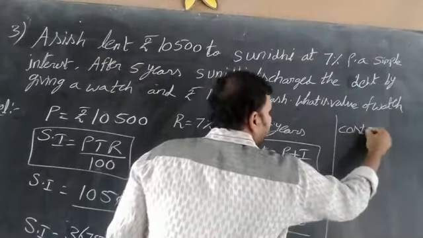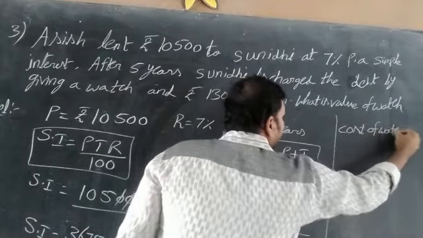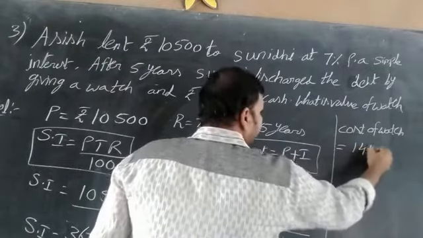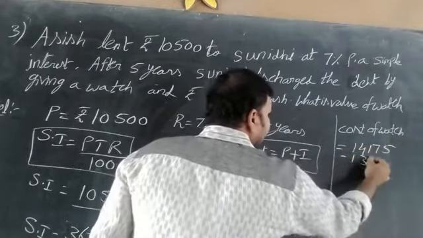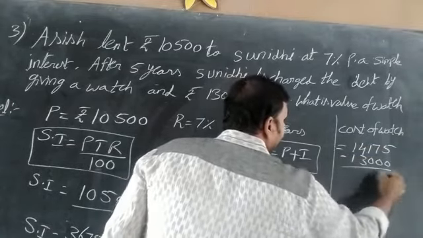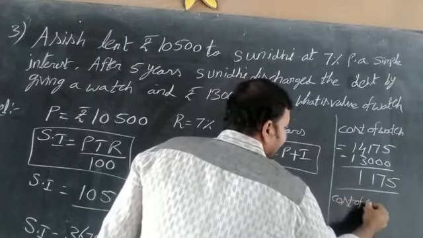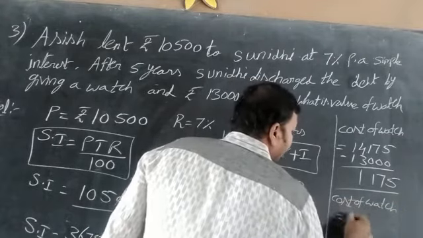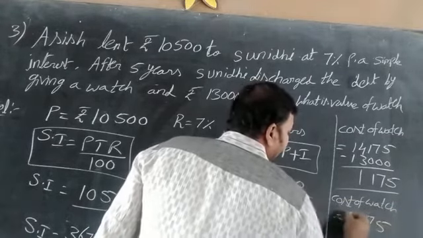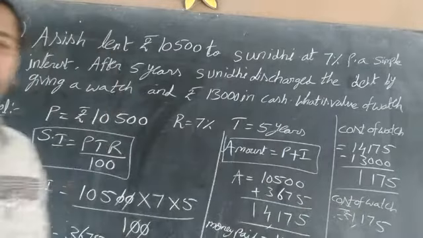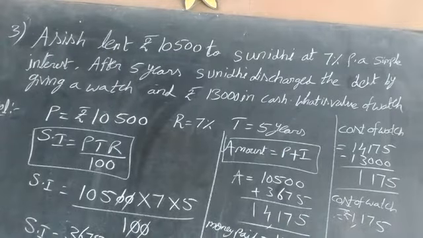Now the cost of the watch is equal to 14,175 minus 13,000, which is equal to 1,175 rupees. The cost of the watch is 1,175 rupees.